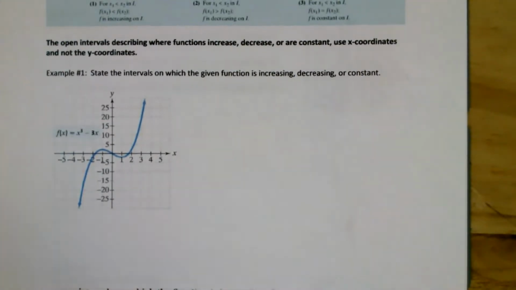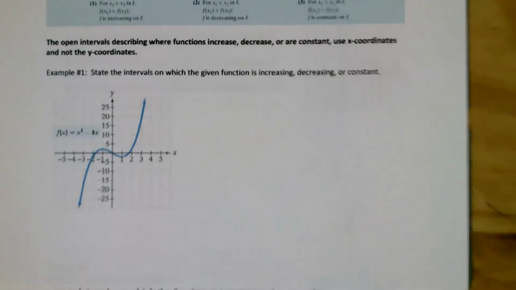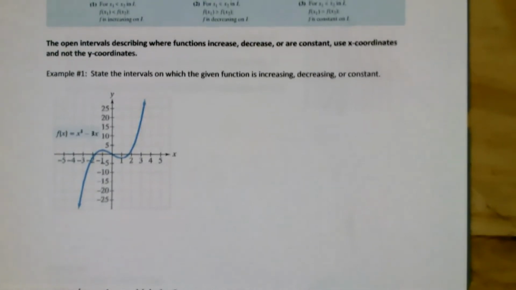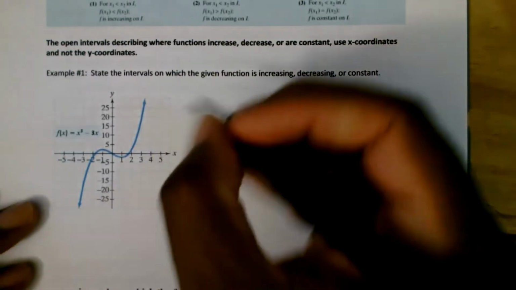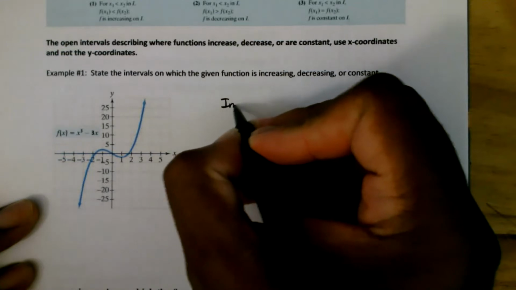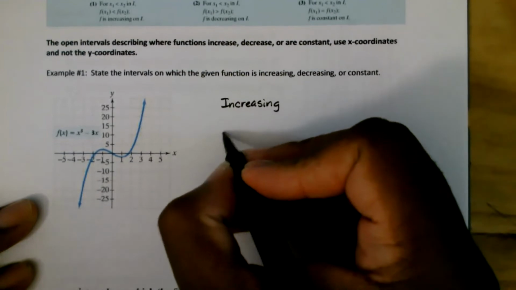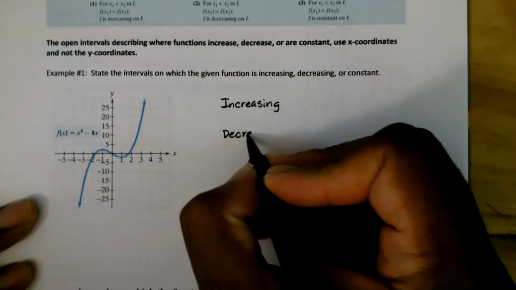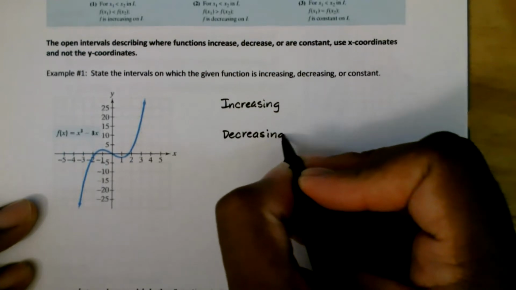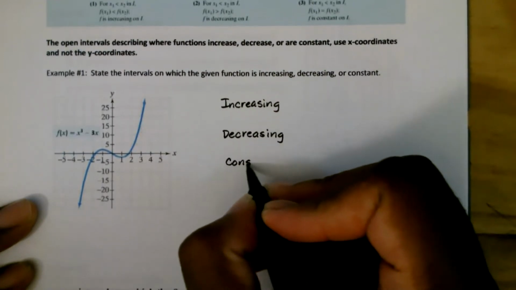Here I want to state the intervals on which the given function is increasing, decreasing, or constant. So what I'm going to do here is write down the intervals where this graph is increasing or decreasing or constant.